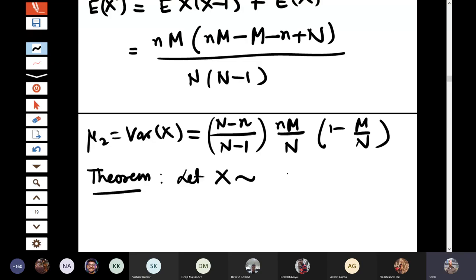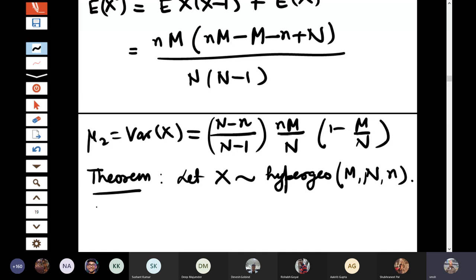Let x follow hypergeometric distribution with parameters m, n and n. What is the meaning of the parameters? You had population size capital N, m is the number of items of type 1 and n is the sample size.